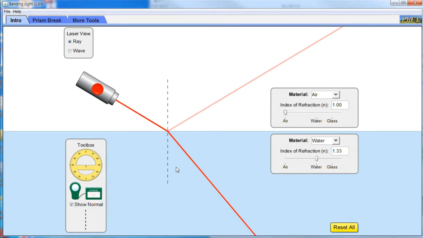We will later see the detailed relations between the index of refraction and the angle of refraction, and of course we have to explain what the index of refraction is. So please wait for that.